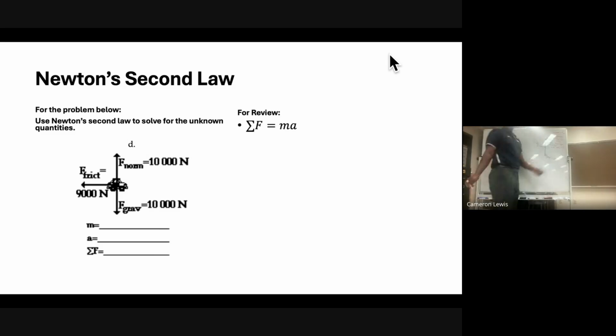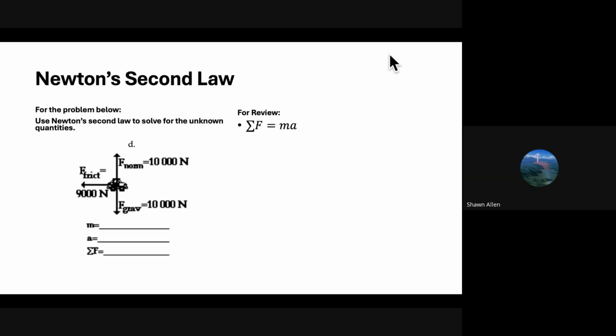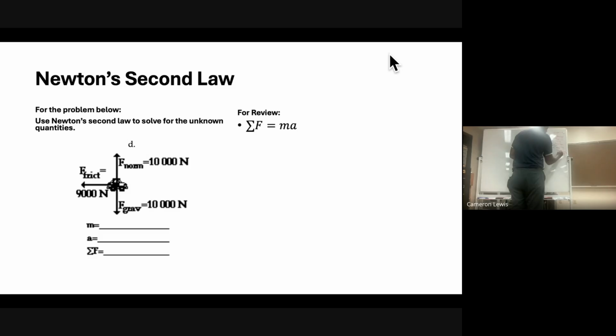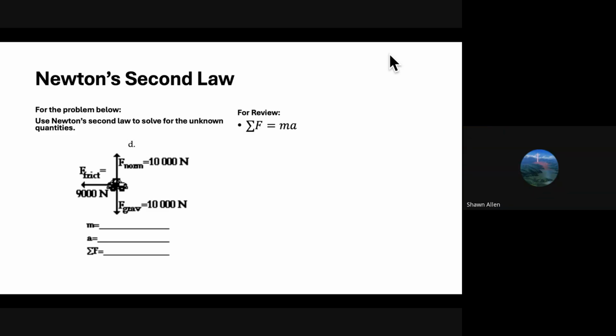We established that already. So now, because we know that, what can we find? The mass, because we know that gravity is equal to 9.8. So I'm going to divide 10,000 by 9.8 and I get what? One second, where's my calculator?